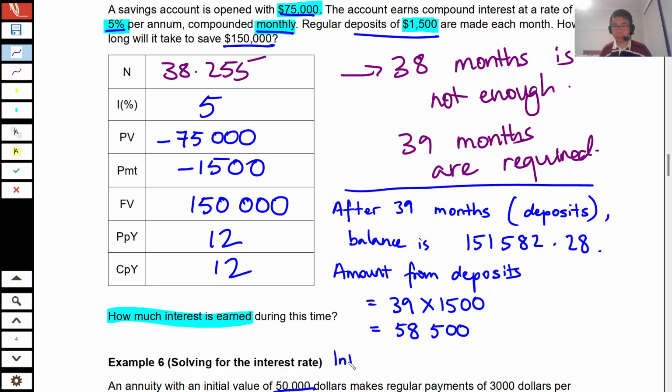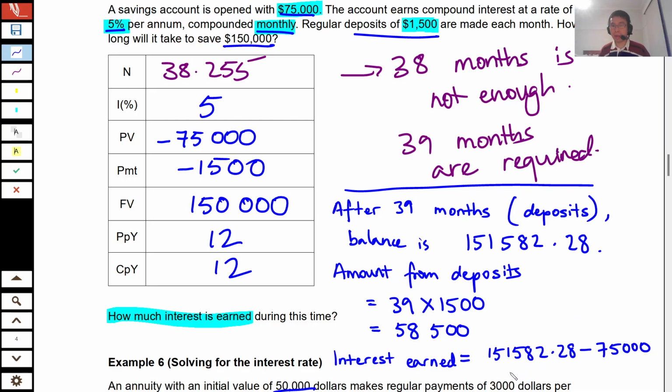Now the interest earned is what's left over. First I need to take the difference between the final amount, 151,582.28, minus 75,000, because that's what we started with.